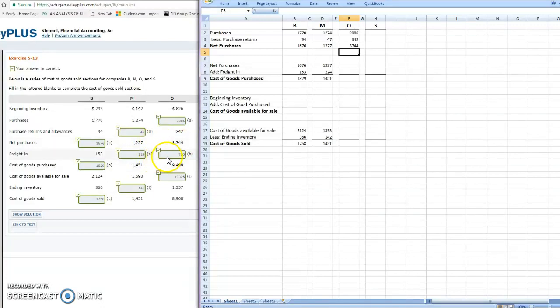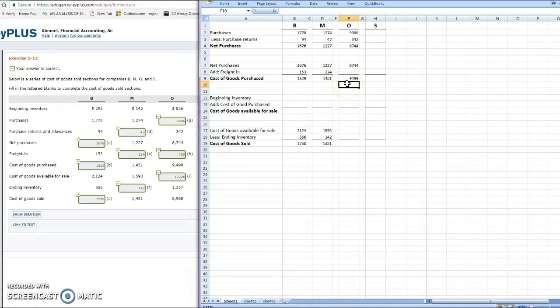Okay, the next thing again is they want us to give them the freight in. So for this one, we are going to take our net purchase, which is $8,744. We'll leave the freight in blank, and the cost of goods purchased is $9,499.